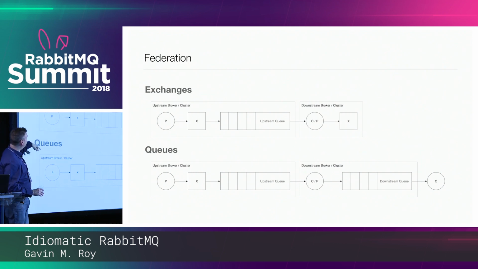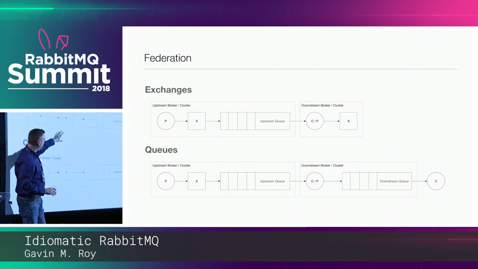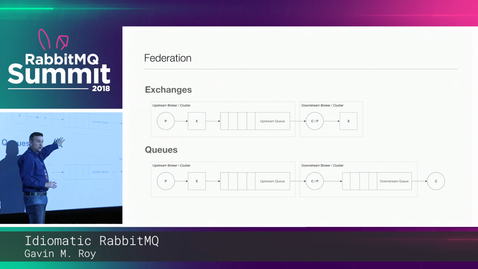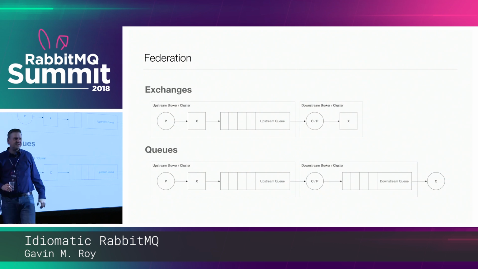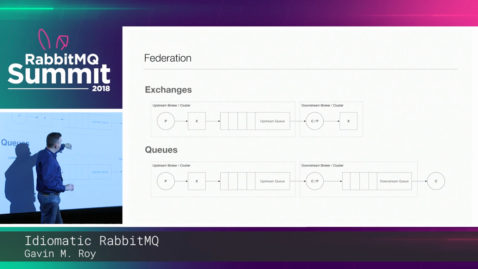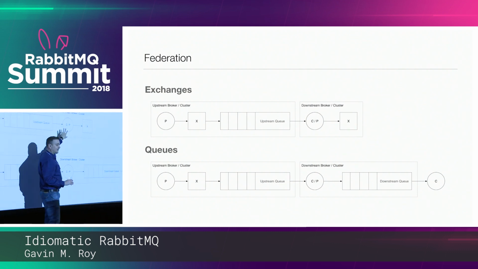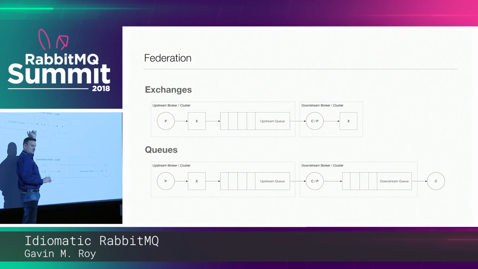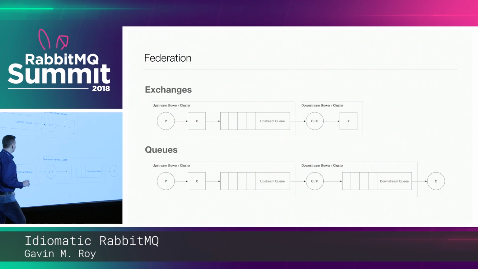So with federated exchanges, we basically have an upstream queue. That's an internal queue declared by RabbitMQ that's bound to the exchange. And so your publishers are going into that upstream queue. And then you have the federated publisher that's consuming from that queue and publishing to the exchange on the other side. Now, it's important to say I boxed these off, but this guy can live here or here.